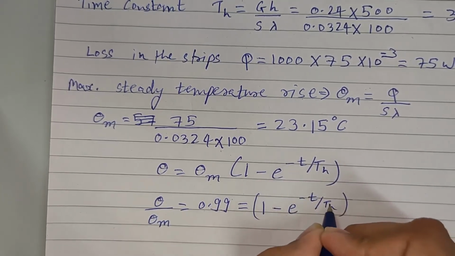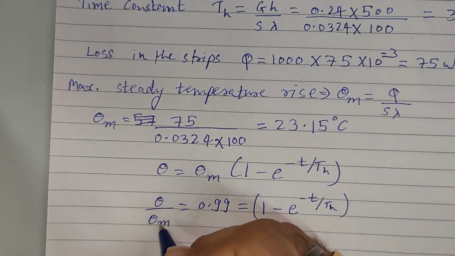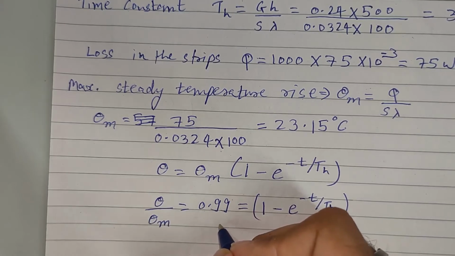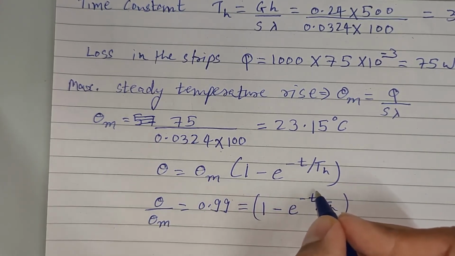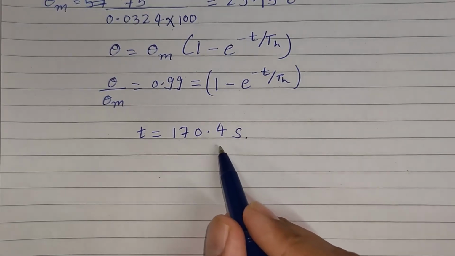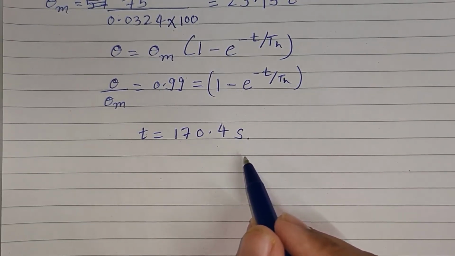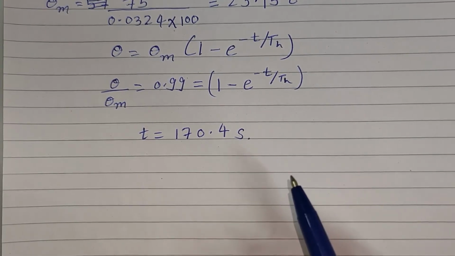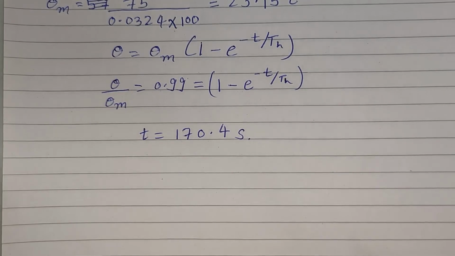Now since we know the value of th, we know the value of this fraction is 0.99. So from this you can calculate the value of small t. So the value of small t would be equal to 170.4 seconds. This is the time required to reach 99% of the final steady temperature rise.